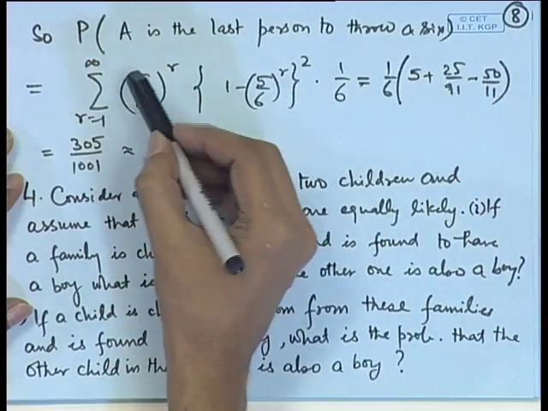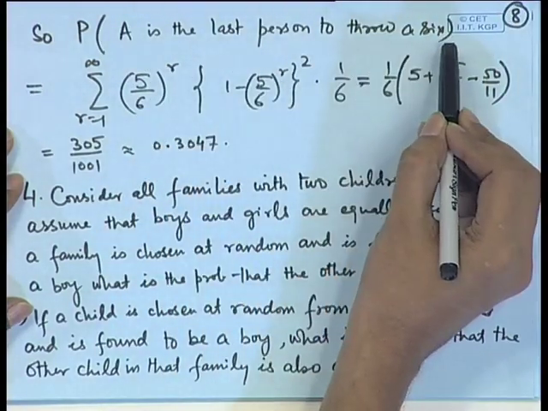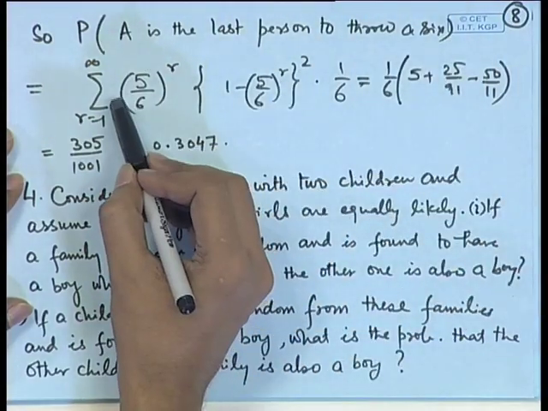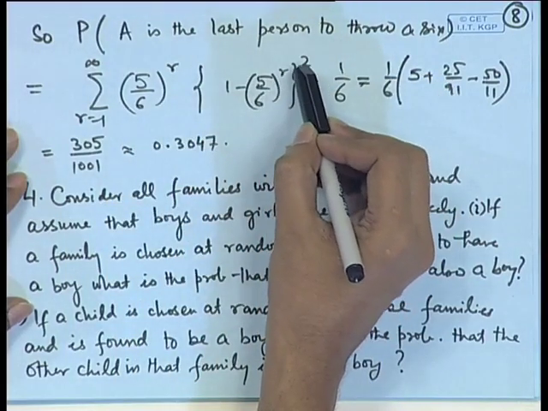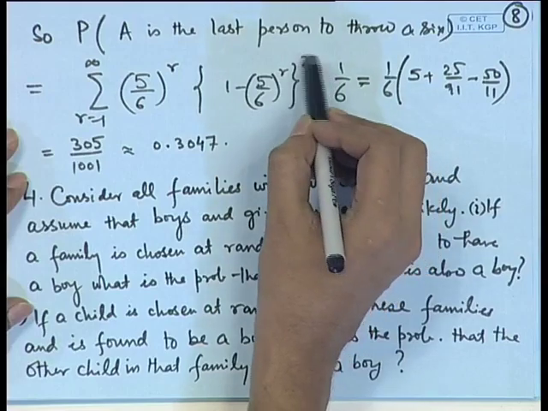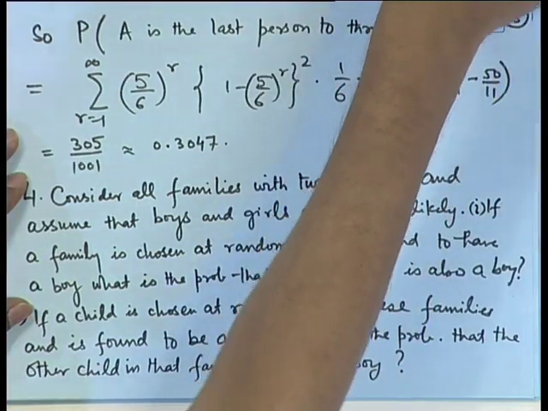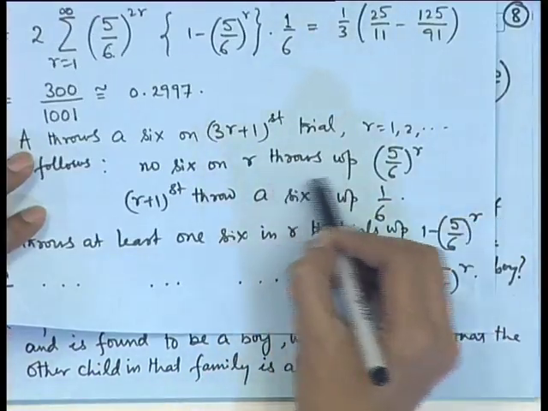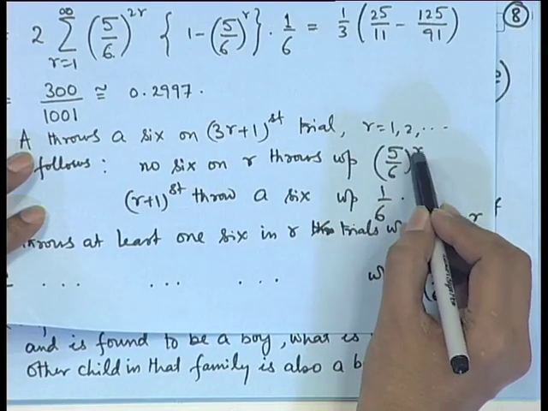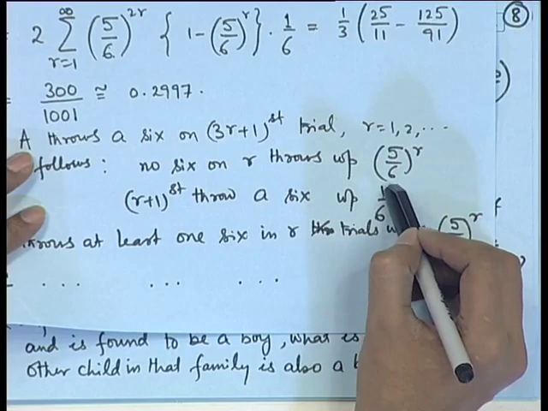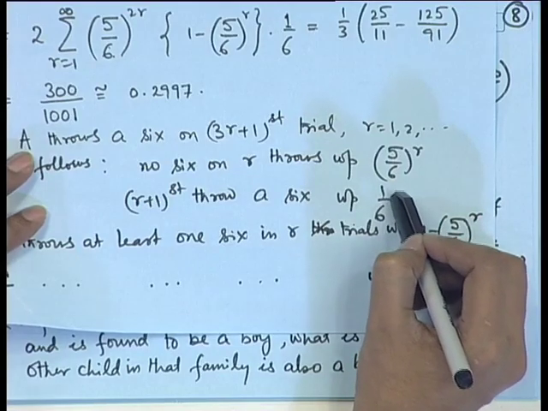So, if we consider the probability that A is the last person to throw a 6, that will be equal to 1 minus 5 by 6 to the power r, 2 times. So, it is a square of this, and then we consider the probability that A has no 6 up to the rth trial, and a 6 on the r plus first trial.